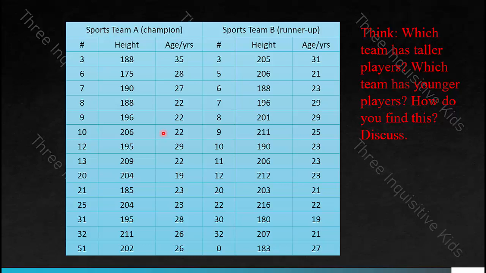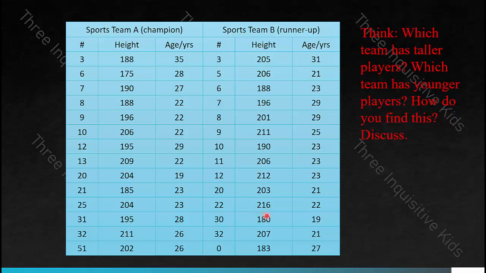Let's first look at their heights. The heights here, we have some in the 200s. This must be in centimeters, I'm thinking. The lowest we got on team A was 175. But as you can see, on team B there are a lot of much taller people.